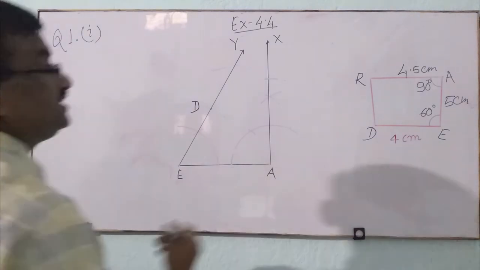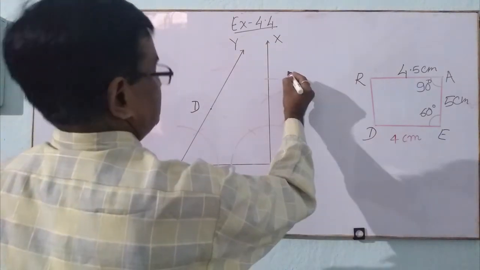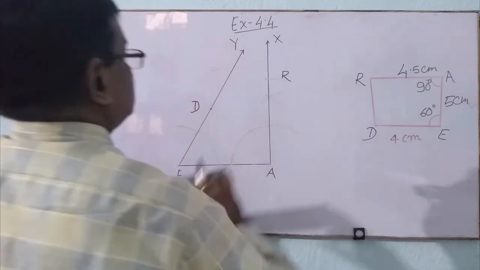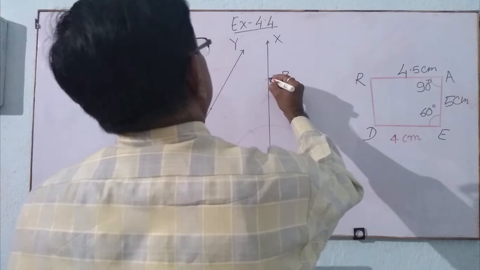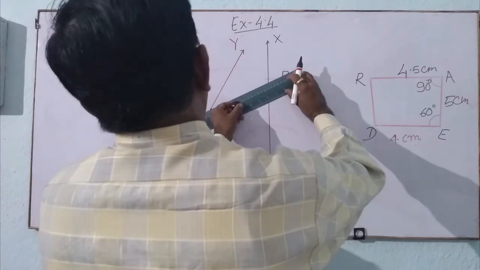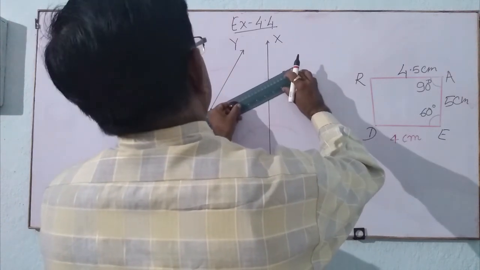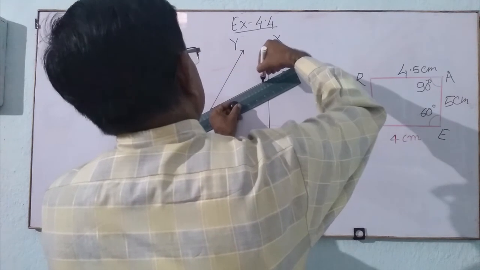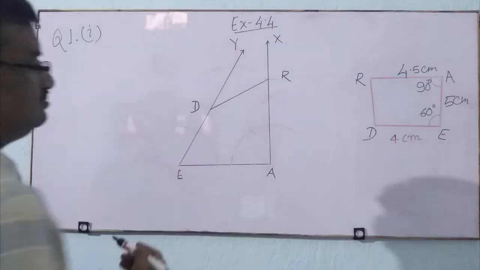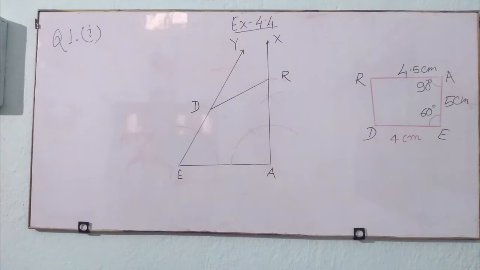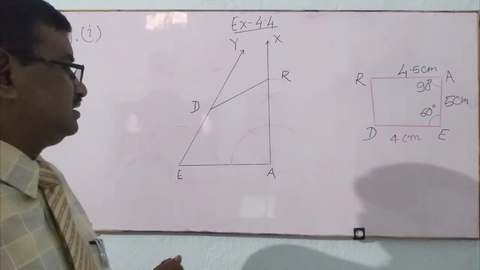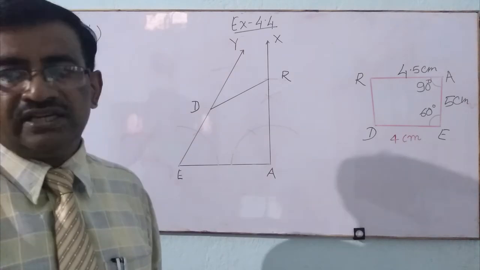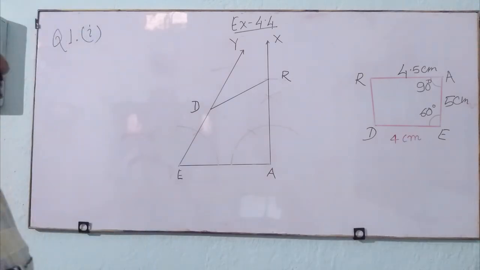The point of intersection is R. Now join point R to point D. Now here is the required quadrilateral DEAR.